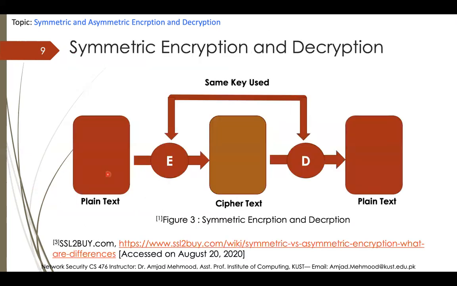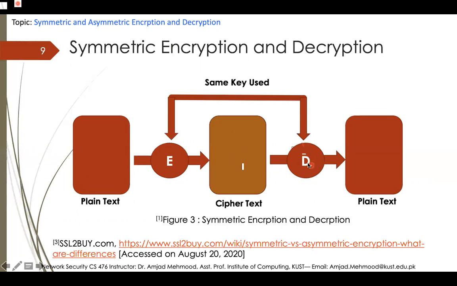internet. Here you can see that in the process of encryption, plain text goes through a process of encryption, and then you get the unreadable form, like a ciphertext, and then it travels over the network. The network is not shown here.